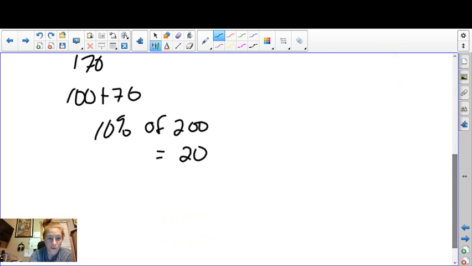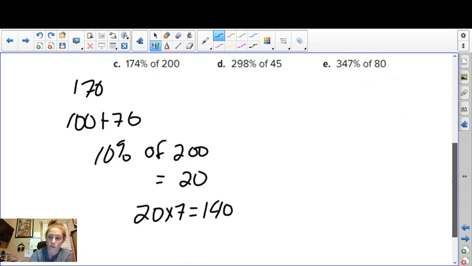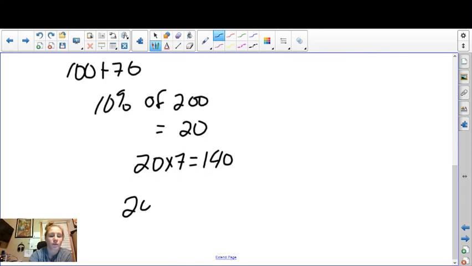And then I need to take that 20, because that's only 10, I need to get 70, times 7, which gives me 140. So I take that 100%, or in this case, 100% of my 200, which is 200. 200 plus 140, which is 340.